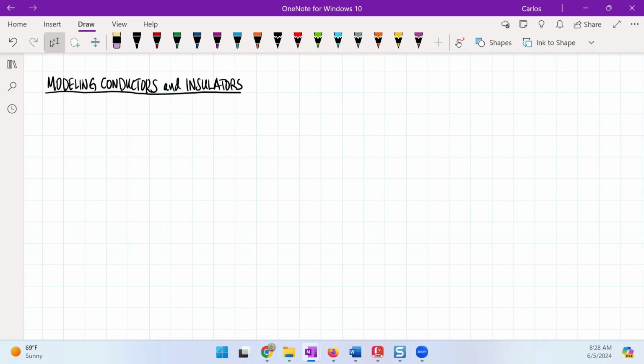Modeling conductors and insulators. Most people have an idea of what is the difference between a conductor and an insulator.